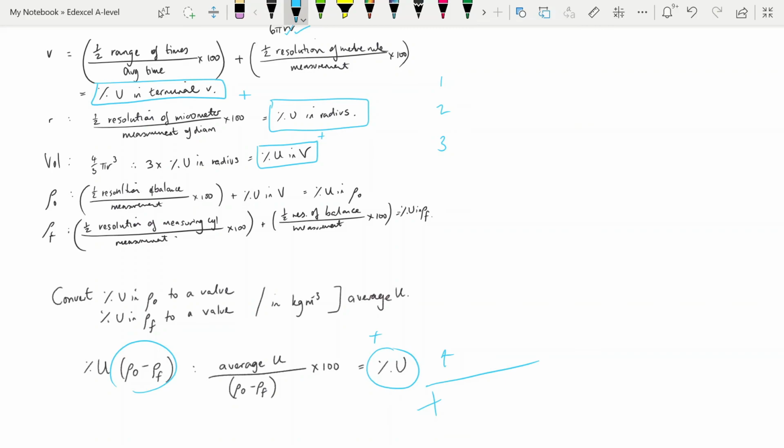So what's more likely is you'd be told to ignore the uncertainty in perhaps everything but the time and the distance measured, which means that your uncertainty in viscosity would be the same as the uncertainty in terminal velocity. That's a reasonable level of ignoring uncertainties because all of the other instruments are likely to yield quite small percentage uncertainties. It has become more common, however, for them to ask you about quantities that are subtracted.